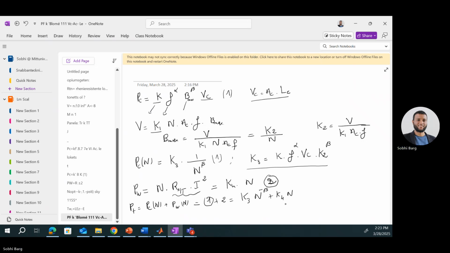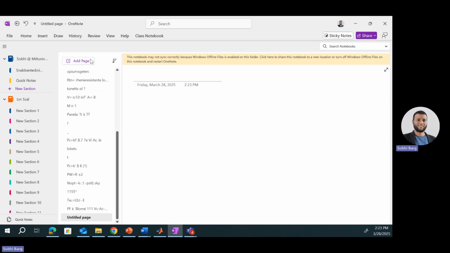And in order to calculate the optimal number of turns, we need to calculate the derivative of that equation and equate to 0. So it will be the derivative with respect to n of K3 n to the minus beta plus K4 n.